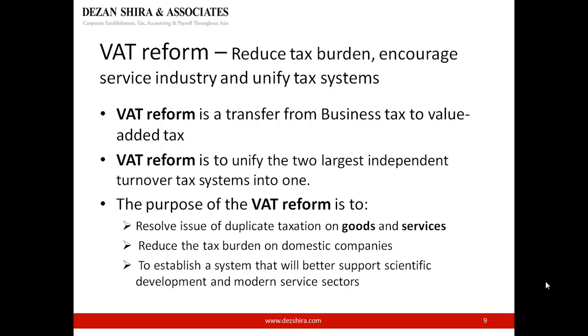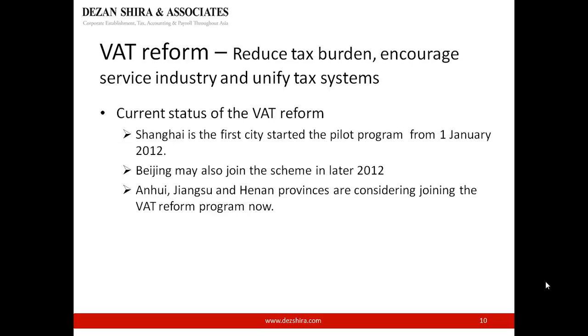So far, Shanghai is the first place which started the pilot, which we call the pilot program, from 2012, and almost 120,000 service enterprises have entered this program since 2012. It is reported 70% of those enterprises have a lower tax burden after implementing this tax program.